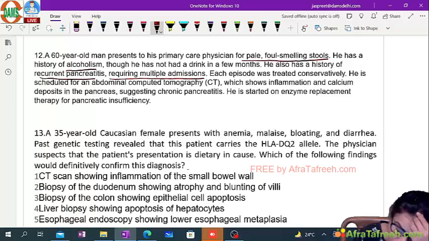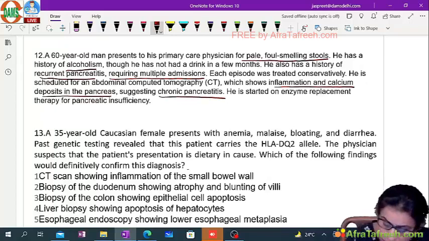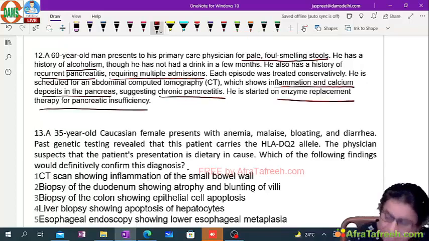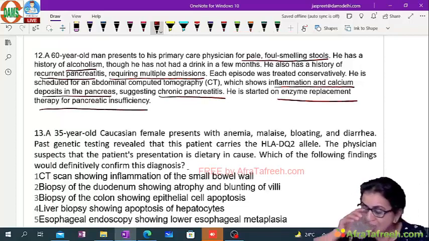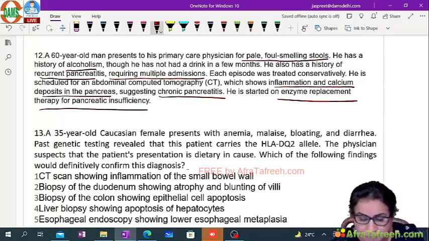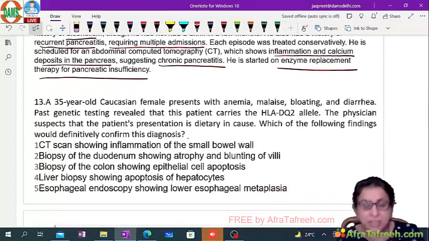An abdominal CT scan shows inflammation and calcium deposits in the pancreas, suggesting chronic pancreatitis. He is started on enzyme replacement therapy for pancreatic insufficiency. So this is the type of history you get in pancreatic insufficiency.